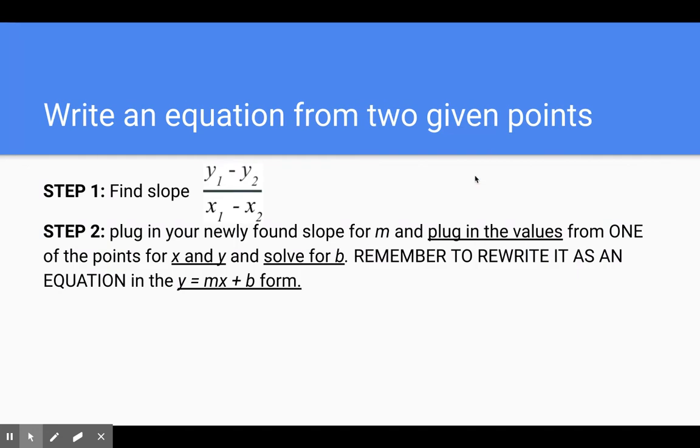Now, if we have to find the entire equation from 2 given points, we find the slope, which is what we just did, same equation, y1 minus y2 over x1 minus x2. To find the rest of the equation, because remember, we need to find the b, or our y-intercept, we plug in the newly found slope for m, plug in the values from one of the points for x and y, and then solve for b. Remember to rewrite it as an equation in the y equals mx plus b form.